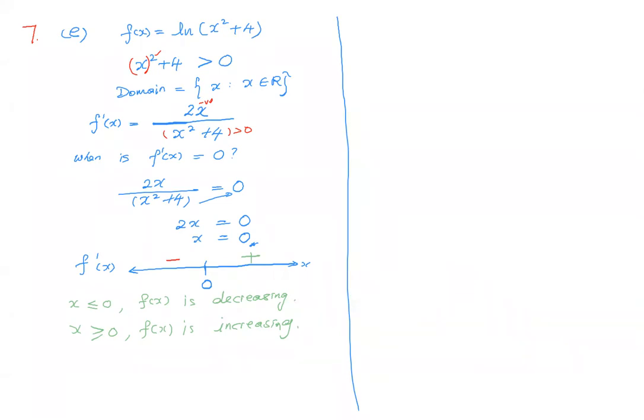So can you please use your GC? Key in Y1. Everyone should have that. Everyone have that in your calculator? And your Y2? Okay, got it. So next time, I'm not going to ask you to key in your calculator.